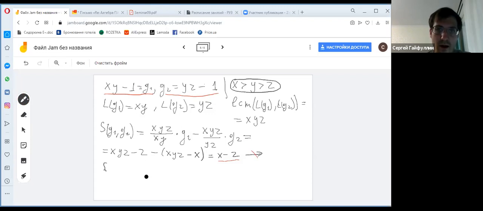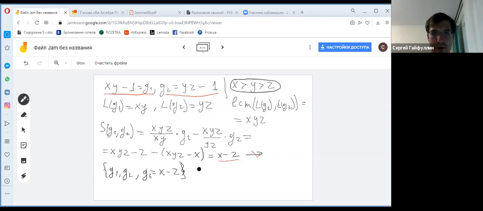So x minus z is already a remainder, and now I add it to this system, G1, G2, and G3, which is x minus z. Okay, what shall I do now? I need to compute S polynomials and try to reduce them to 0 or to a remainder.